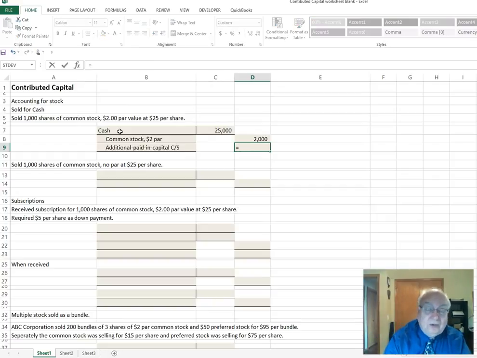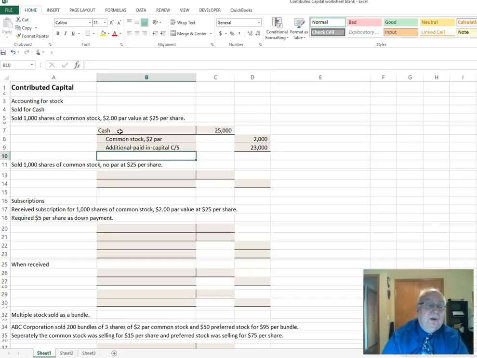And that's going to be equal to 1,000 shares times the $25 minus the 2, which is the par value, or 23,000. Okay, like I said, if this was stated value, instead of $2 par value there, you'd have $2 stated value. But it's going to be done the same way. And if it was preferred stock, you'd have preferred stock there, and this would be PS instead of CS.